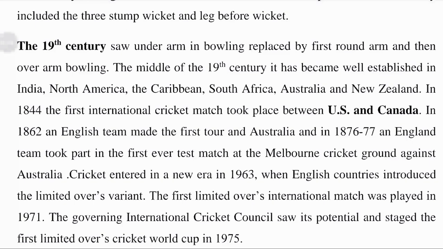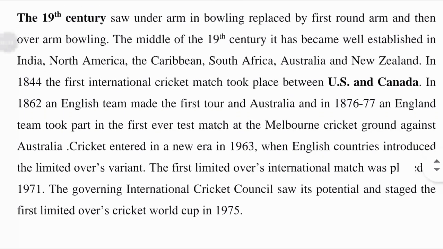Leg before wicket first appeared in the laws of cricket in 1774 as batsmen began to use their pads to prevent the ball hitting their wicket. Over several years, refinements were made to clarify where the ball should pitch and to remove the element of interpreting the batsman's intention.